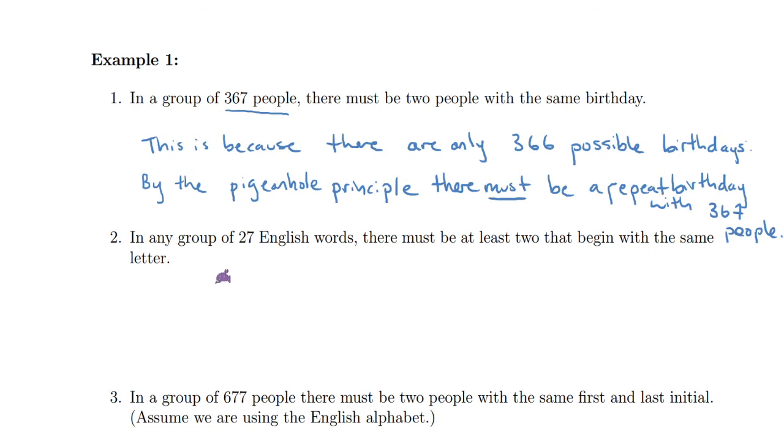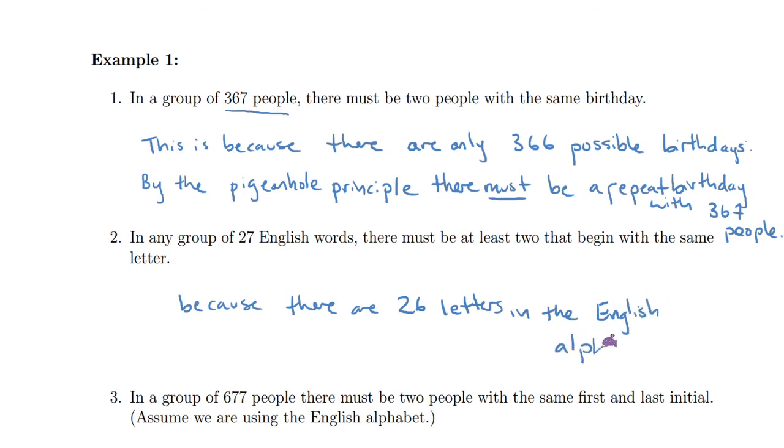So once you get to 27 words, you're guaranteed there has to be at least 2 that begin with the same letter. Okay, so that's another example of the pigeonhole principle.